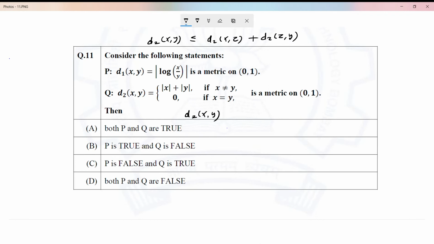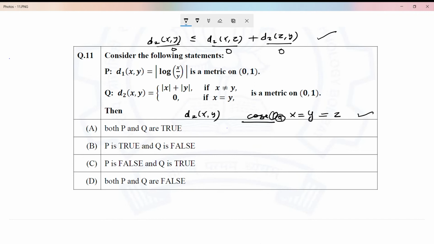So for case 1, let us suppose that x equals y, and the z you are considering is equal to x and y. So for this case, this is equal to 0, this also 0, this also 0, because x equals y equals z. So for this case, the triangle property is satisfied.